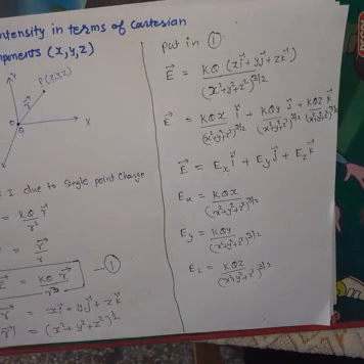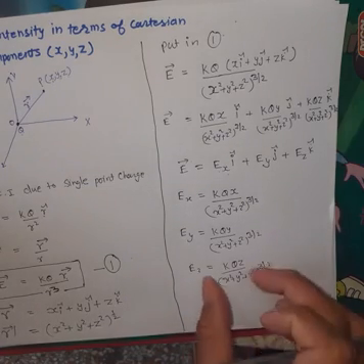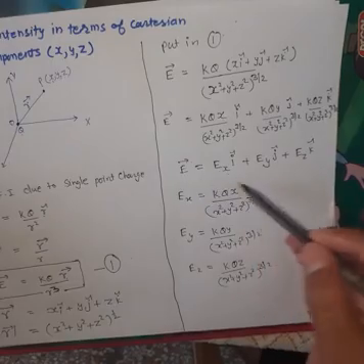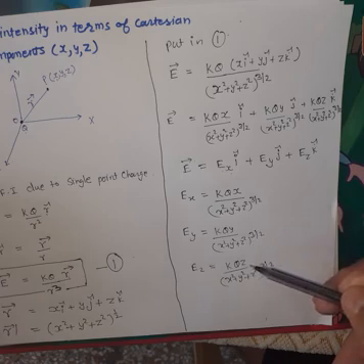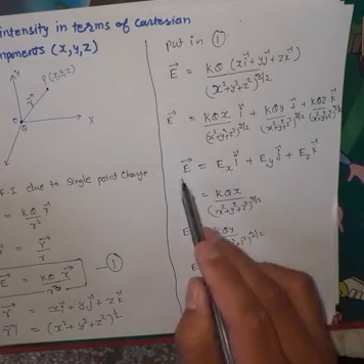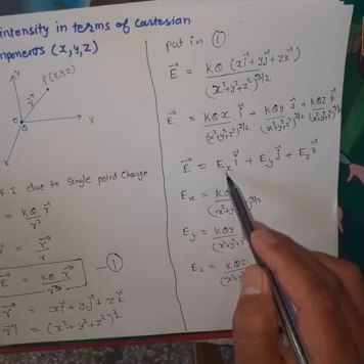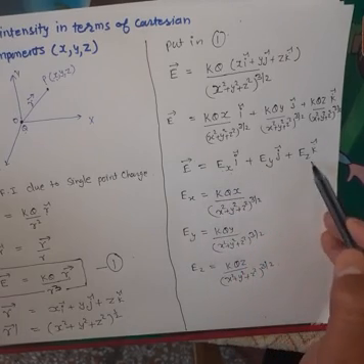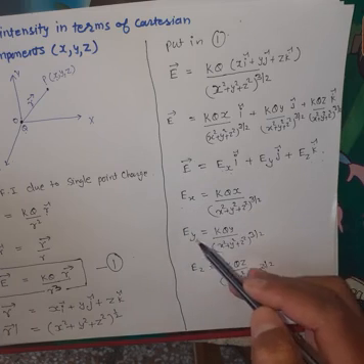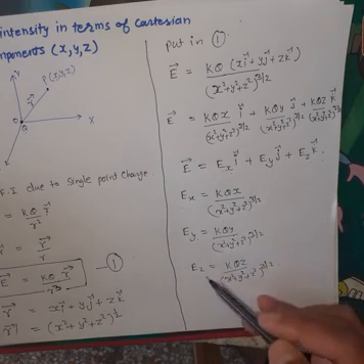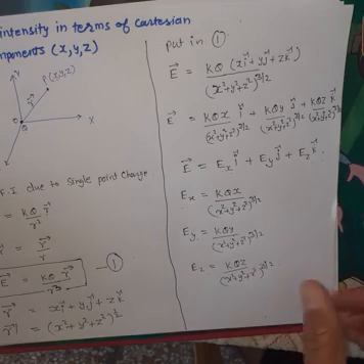Now students, we are going to learn how we can write this in rectangular components. The electric field is E = Exi + Eyj + Ezk, where Ex is the electric field along the x-axis, Ey along the y-axis, and Ez along the z-axis.